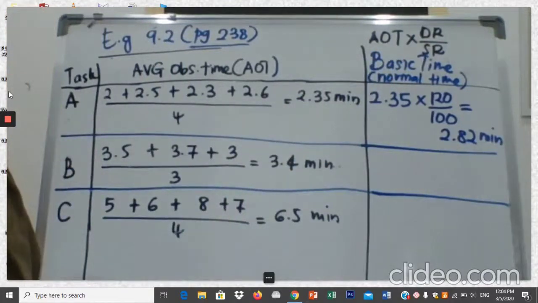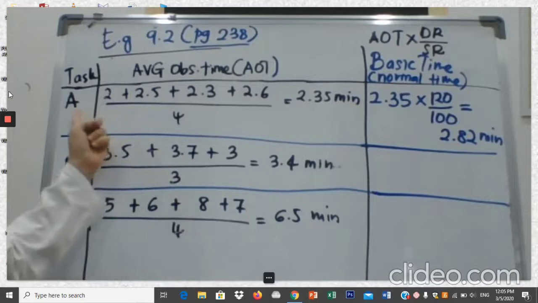What is the observed rate? The observed rate is the rate given in your question that refers to performance rating. And the standard rate is equal to 100, which we call the normal work pace.